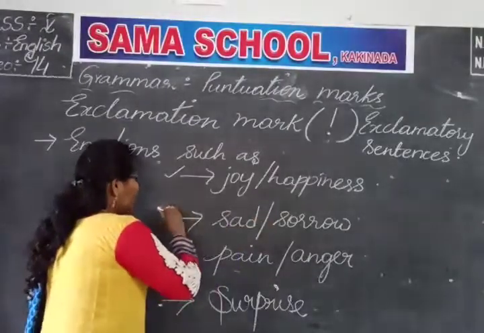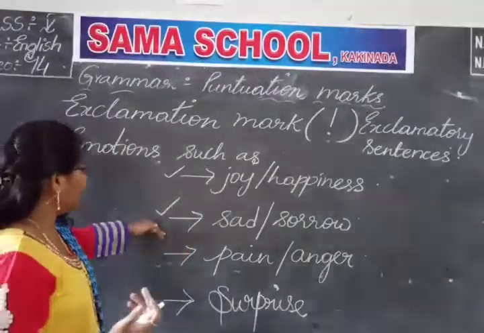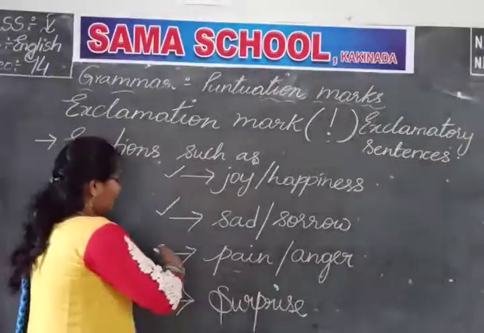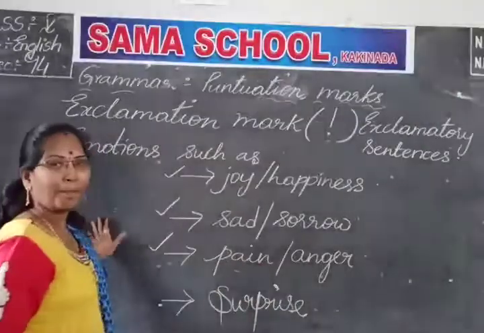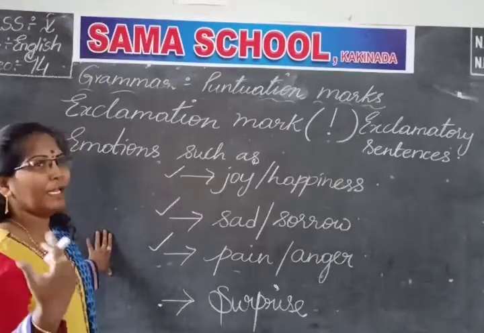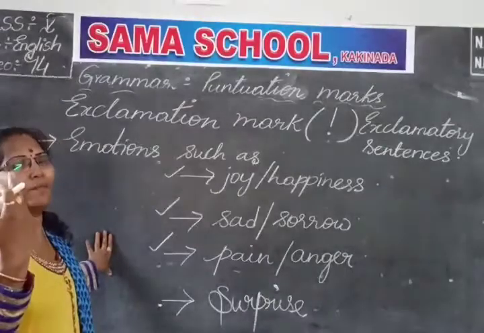Or else you may find sadness or sorrow. Or it may be pain or anger. If, for example, you failed in an exam. You failed in your exam, though you did a lot of hard work.